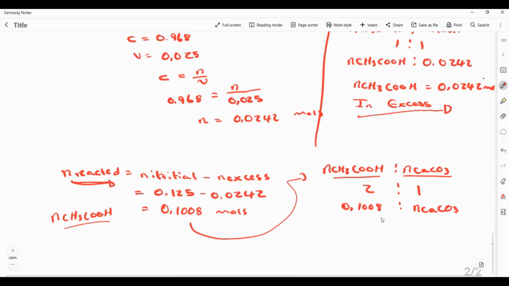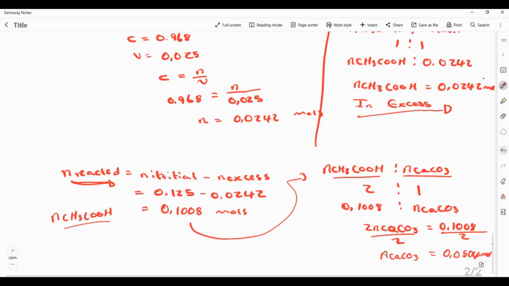When I cross multiply, I get 2 times the moles of CaCO3 equal to 0.1008. When I divide both sides by 2, the number of moles of CaCO3 is 0.0504 moles.